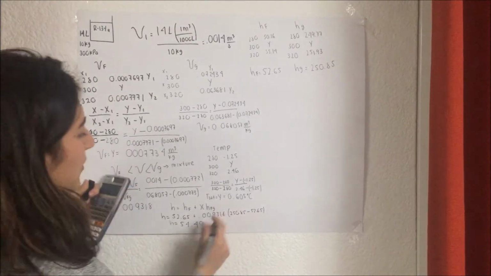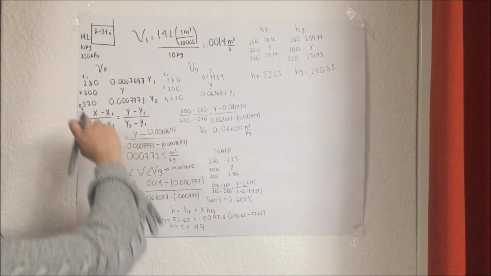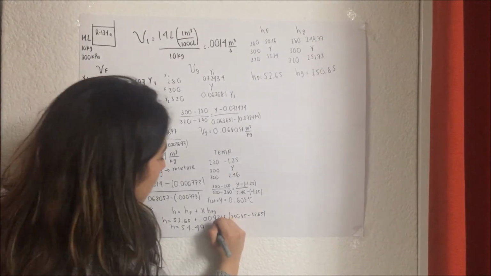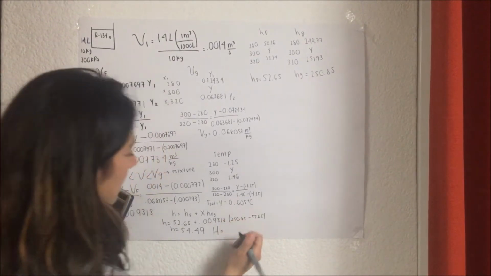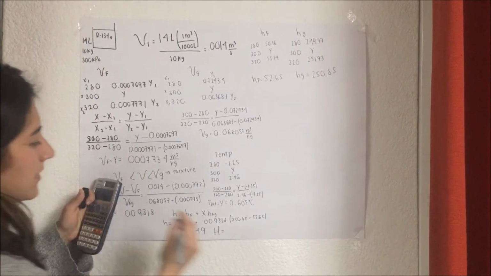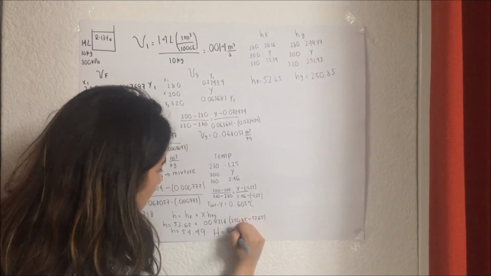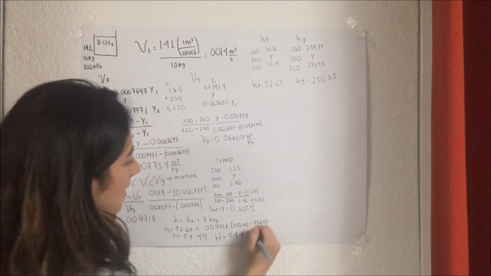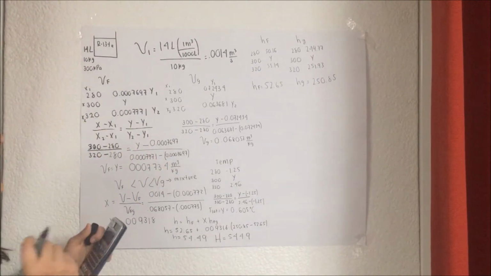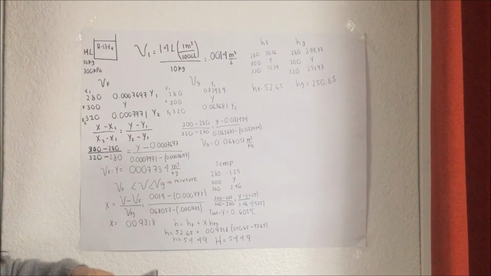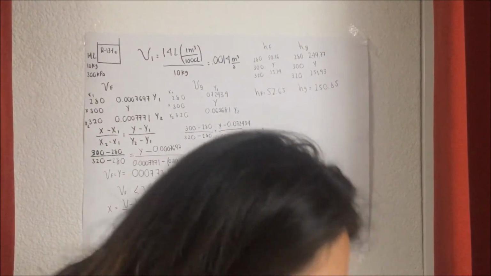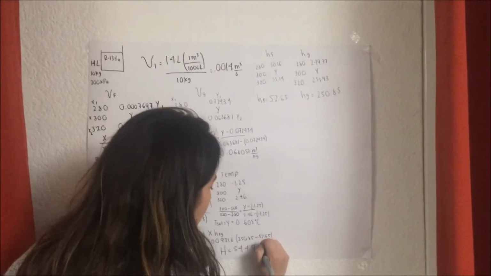We have to multiply it times the mass, which in this case is 10. So our enthalpy from part A is 544.9 kilojoules.